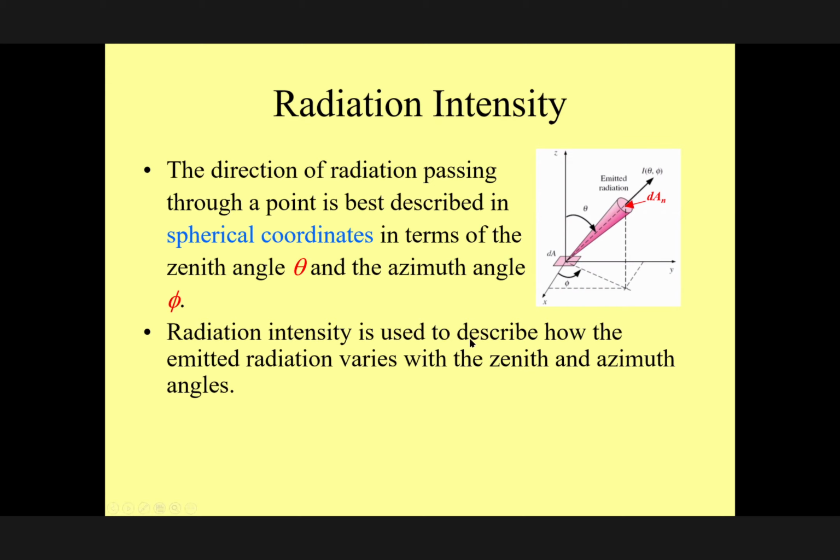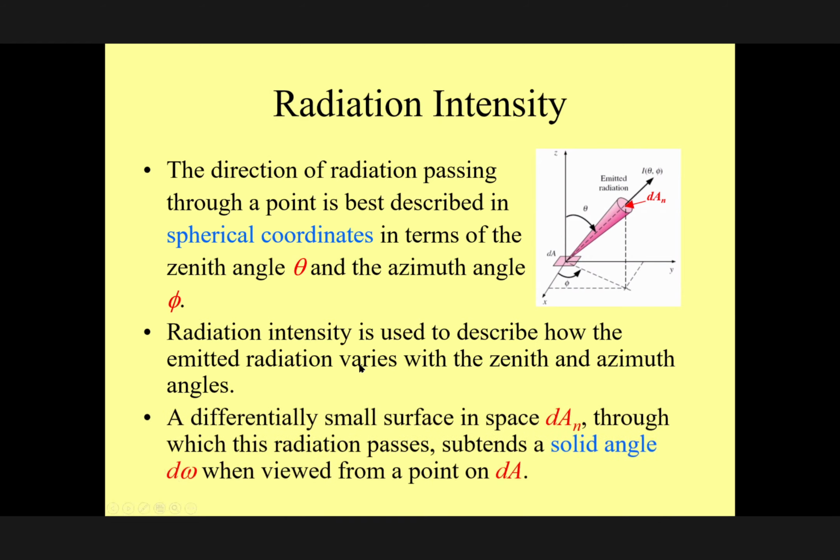Radiation intensity is used to describe how much emitted energy varies with these two angles. Therefore, if I change this one, we can calculate how much energy comes. For a differential small surface in space, this cone is coming here uniformly, this angle here, through which the radiation passes is the solid angle.